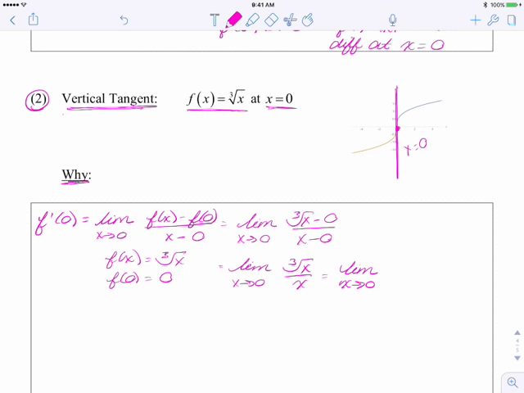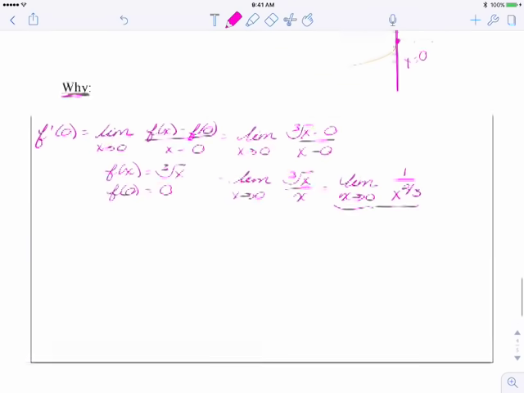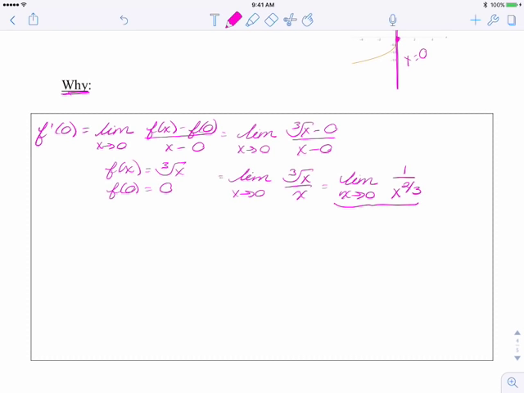So we have x to the 1/3 being divided by x to the 1st. Subtracting 1/3 minus 1, that of course is a negative 2/3, which is the same as 1 over x to the 2/3. So that's the limit that we have to evaluate in this situation.